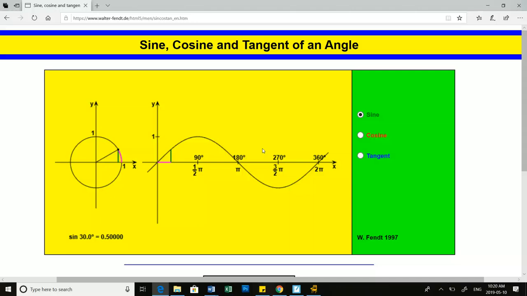So cosine is actually tracking the x, okay? So cosine tracks the x, sine tracks the y of this point right here as we move around this circle with radius 1, okay? So I'm on the sine function right now.